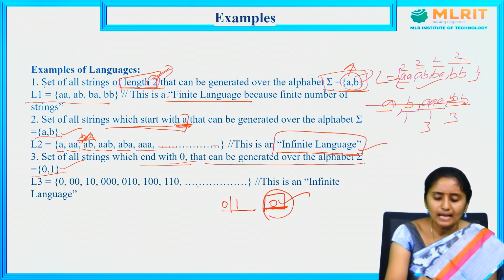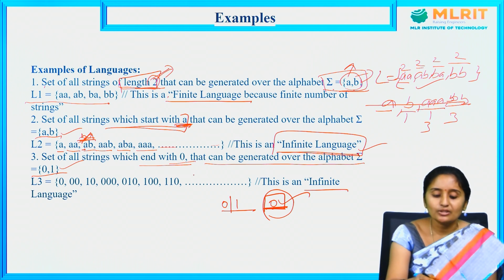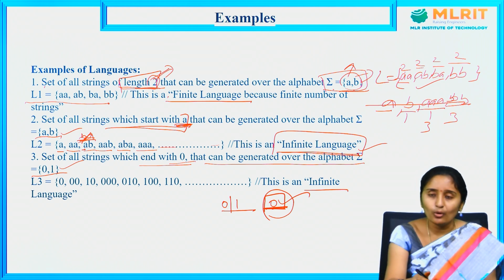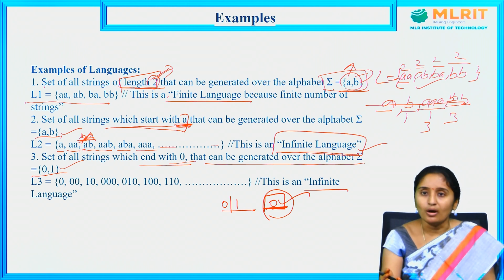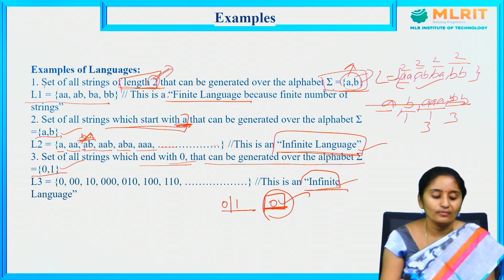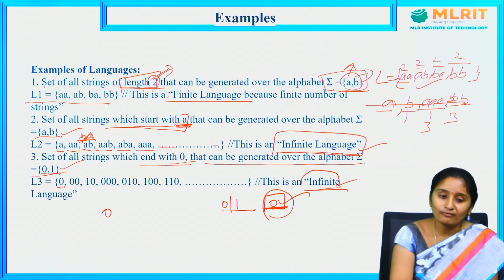So this language also we can call an infinite language. Why? Because there is no condition that it should have a 3-length string or 2-length string. I can go on, writing 4, 5, 6, 10, and so on. There is no end point, so we call it an infinite language. It should end with 0. From these alphabets I take only 0 as the 1-length string.